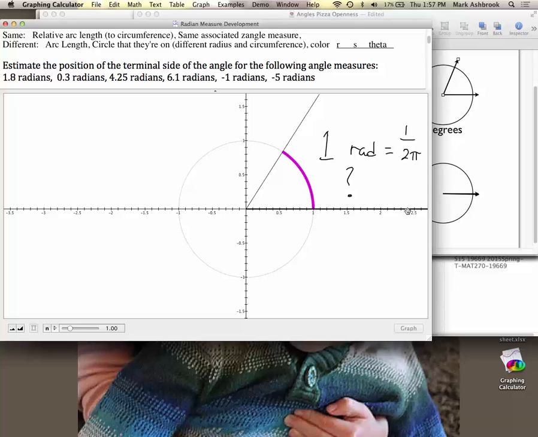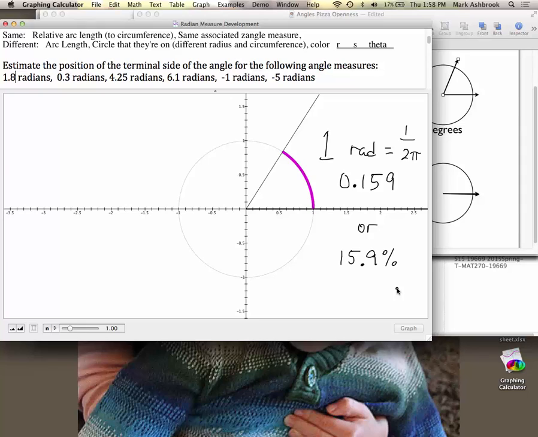Does that give a fraction of a full rotation that is 1 radian? Okay, find that number. Go. What is it? 0.159. As percent? 15.9%.